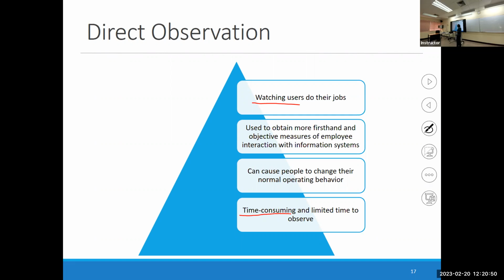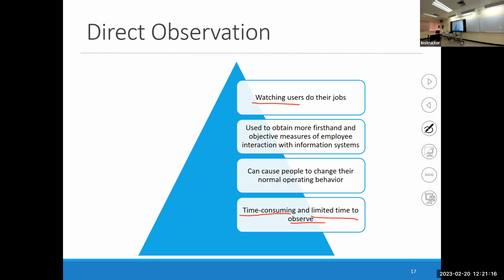And it could be time consuming and you may not be able to observe everything. Suppose you consider an emergency case. You may need a system that can support recording of emergency cases, a case of this, a case of that, but maybe during the observation, no such situation happens, right?